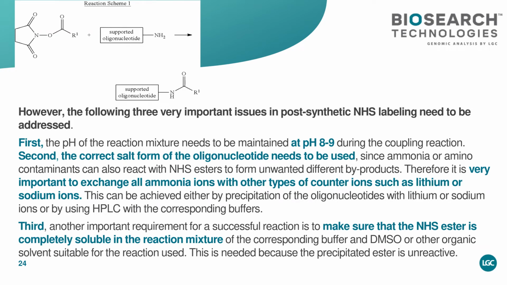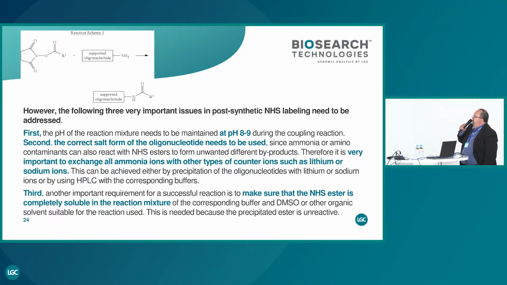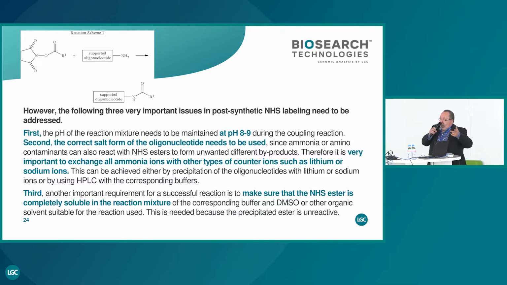The pH, I already mentioned. Another thing, you have to have all the salt in the correct form for the oligonucleotide. So it's very important to exchange all the ammonium and all the other ions to be lithium or sodium ion. If not, it will not work because you will have a competitive reaction.